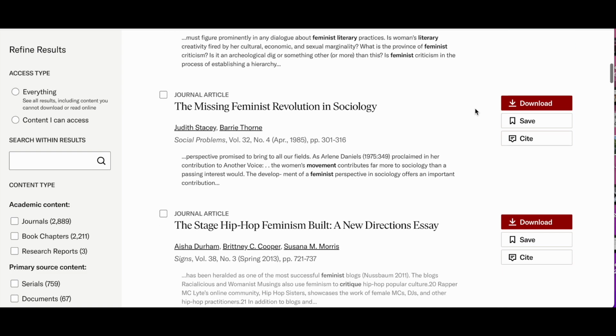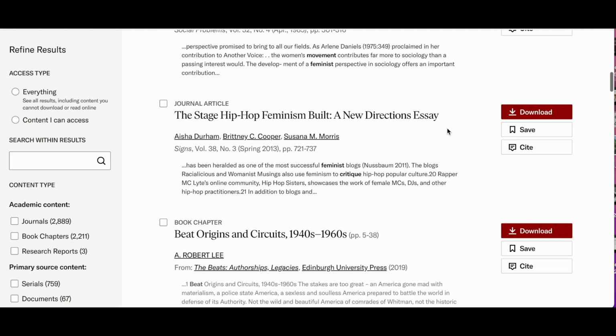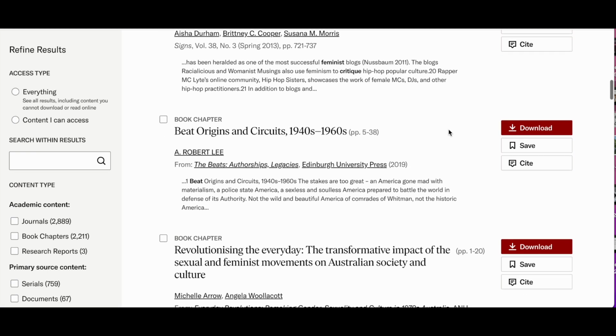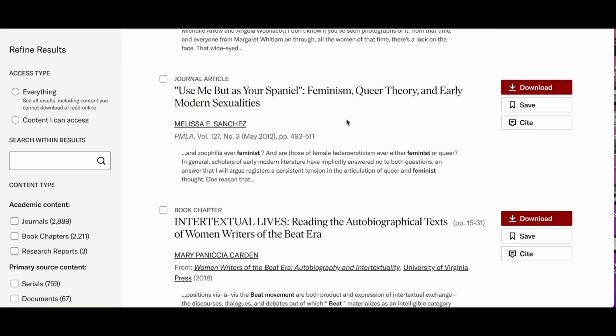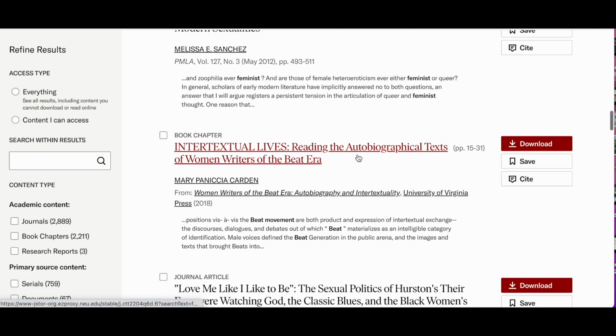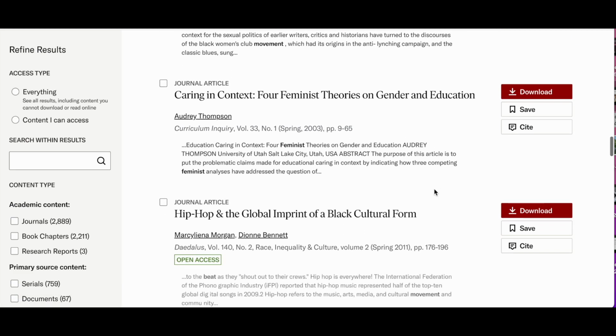So here I'm having trouble finding specific things because I do think this is a less studied topic. Really, this one seems to be the best source I can find. This is an interesting one. It doesn't have anything to do with the Beat movement, but Zora Neale Hurston is a fantastic author.